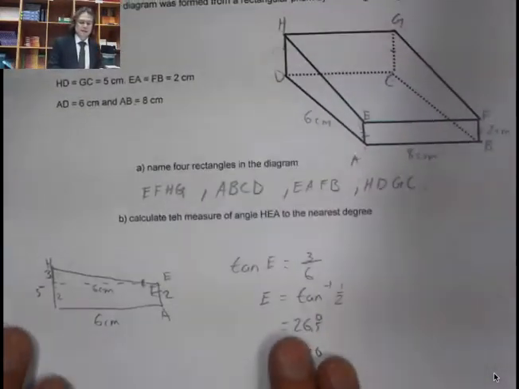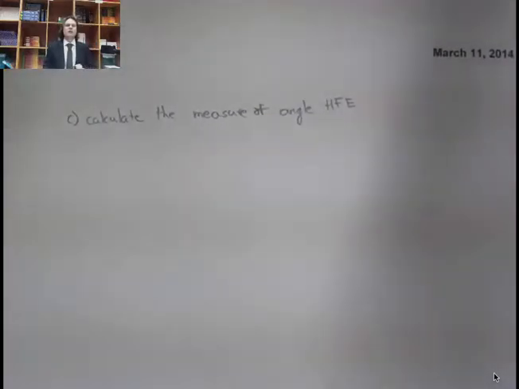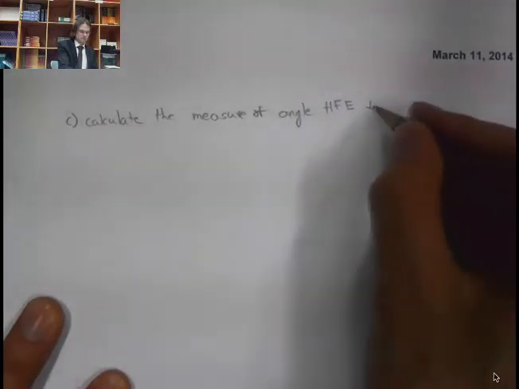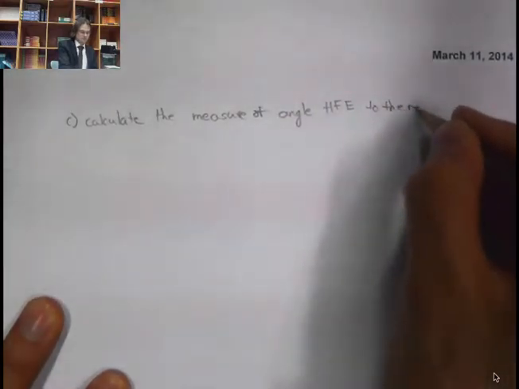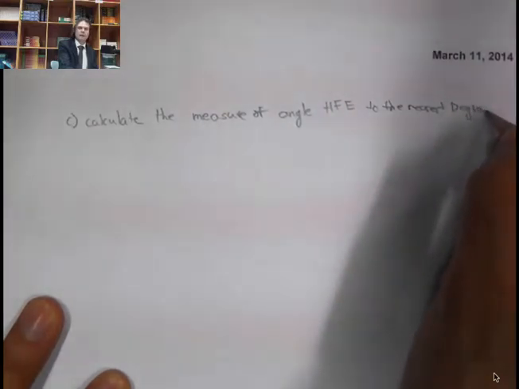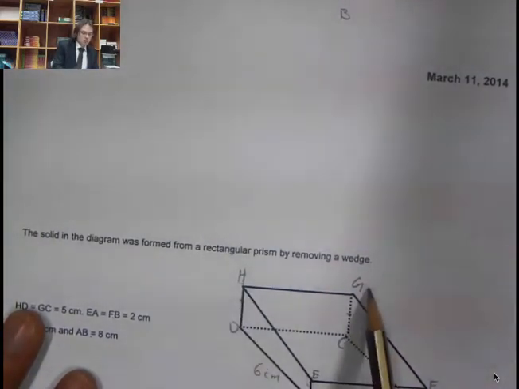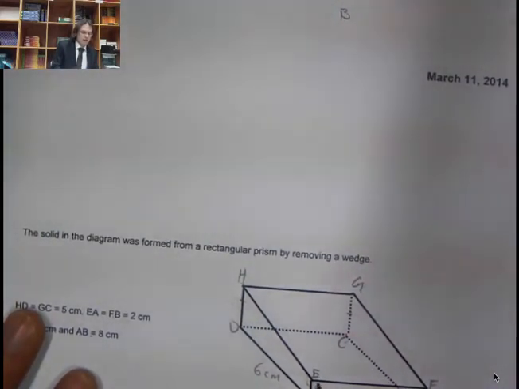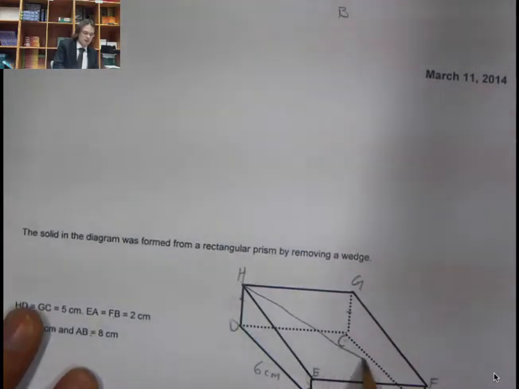So now we're going to look at C. And C says we want to calculate the measure of angle HFE to the nearest degree. Okay, so here we go. I look at H, F, and E. So we have H, we have F, and E. So we want to go like this, from here to here to there.